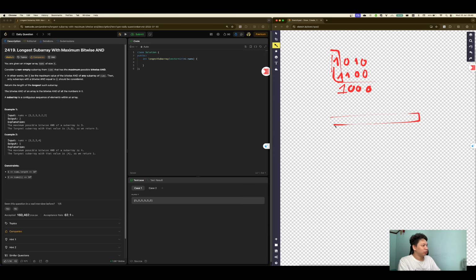The maximum we got is 1 0 0 when you store these two bits. You got 0 1 1, that's the maximum way.